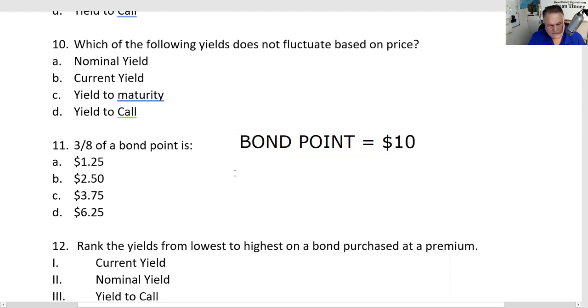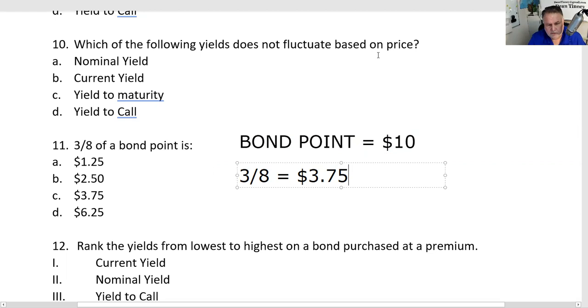And so that would be 3/8 of $10. You can take your calculator and put 3 divided by 8. That's one way to proceed. And 3/8 of $10 is $3.75. So you should be prepared to turn that into a dollar amount. A is an eighth. C is the answer here, and then D would be 5/8. So you should be prepared to do that.